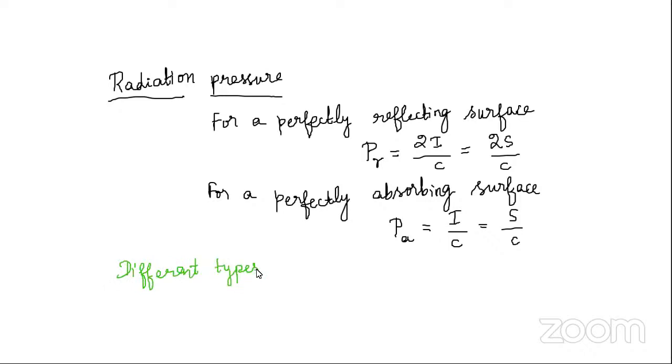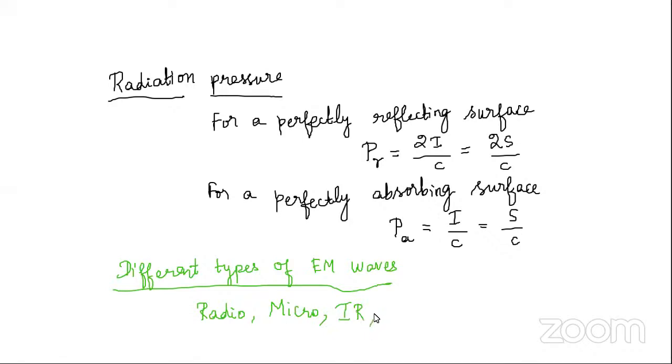We have radio wave, microwave, infrared wave, IR, and visible light, and UV rays, ultraviolet, then X-ray and gamma rays.